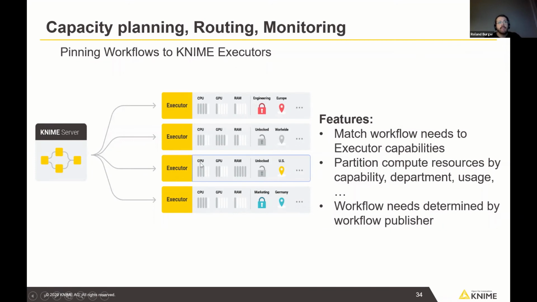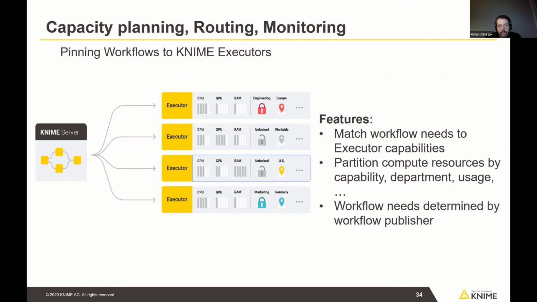By setting properties like those, you can make sure that each workflow gets only sent to an executor with matching properties. For example, if you have a workflow that does some deep learning in Keras, and it really needs a GPU to run efficiently, then with executor pinning or executor reservation, you can make sure that this workflow will only be sent to an executor that provides those resources.